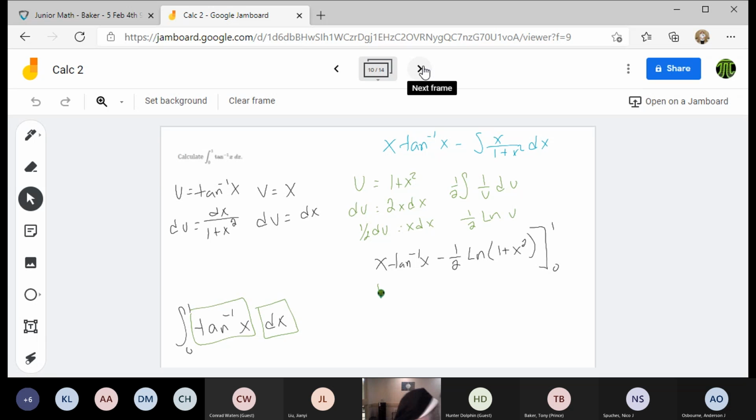So I have 1 times pi over 4 minus 1/2 ln, if I plug 1 into there, of 2. And if I plug in 0, I get 0 times 0 minus 1/2 ln of 1.